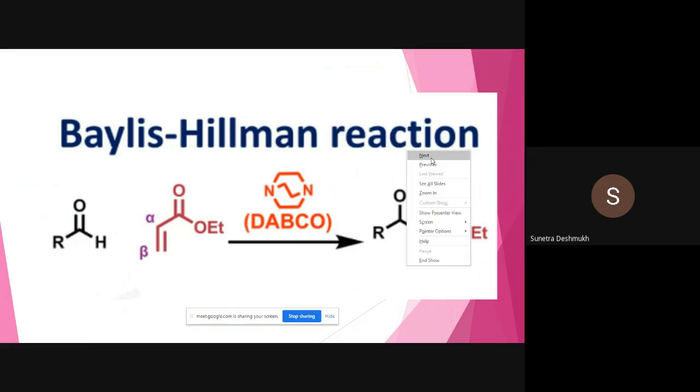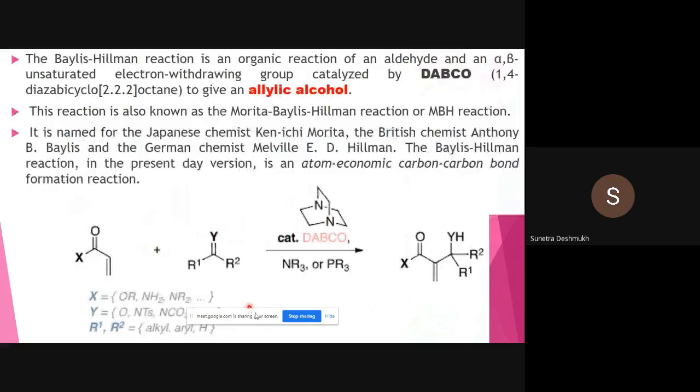Now we will see what the general requirement and the mechanism of the Baylis-Hilmann reaction are. The Baylis-Hilmann reaction is an organic reaction of an aldehyde and an alpha beta unsaturated ketone, where an electron withdrawing group X should be there, catalyzed by DABCO.